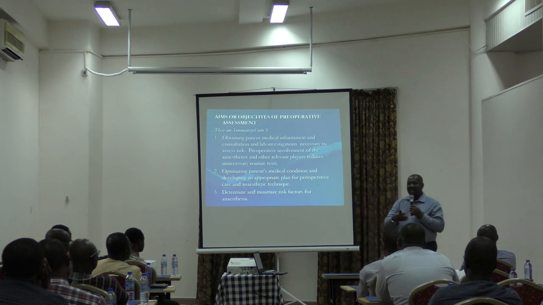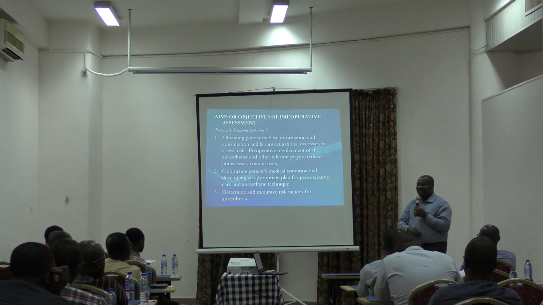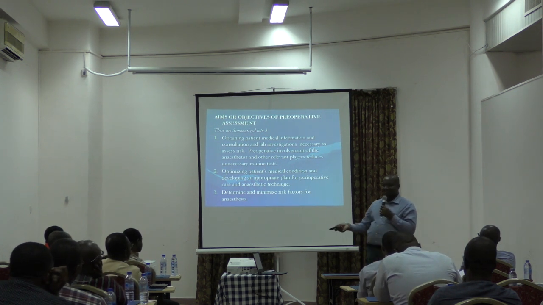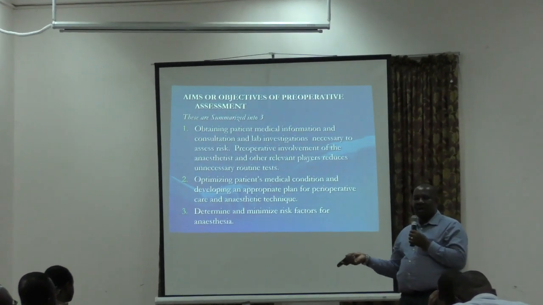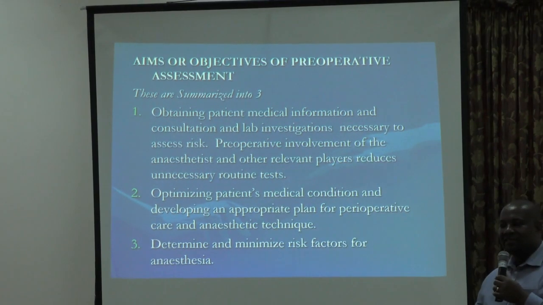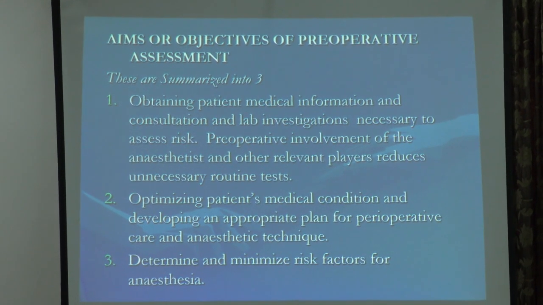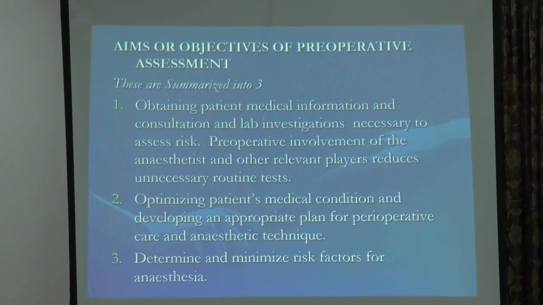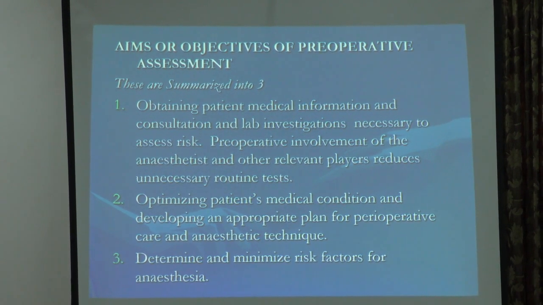So there are younger people now whom we would have taken for granted as the so-called young and fit, and probably not bothered thinking that they are at risk for any intervention, surgical or anesthetic. But now that gives us the opportunity to actually assess their risk, optimize their medical condition, and if we need to, develop an appropriate plan for their perioperative care and anesthetic technique.